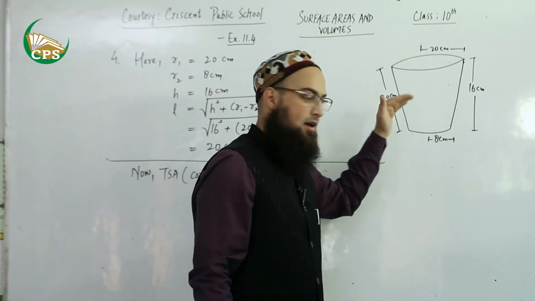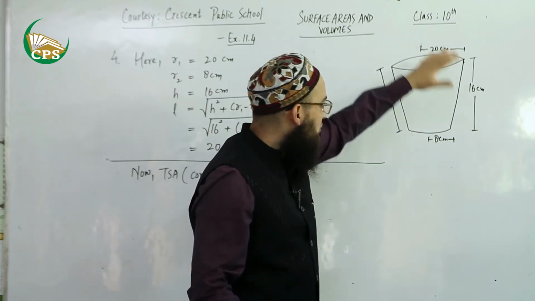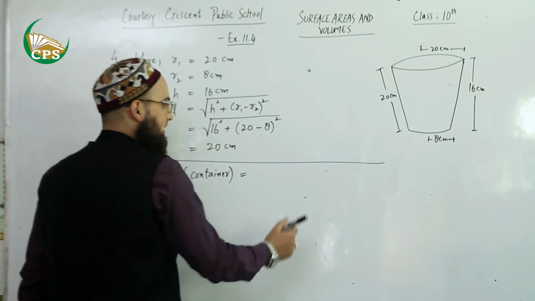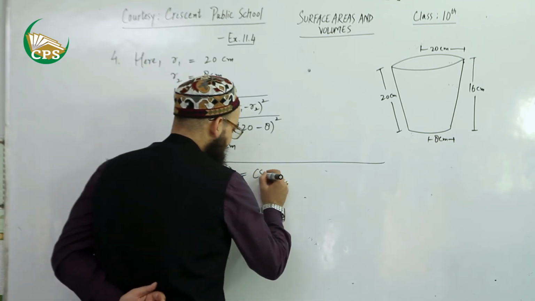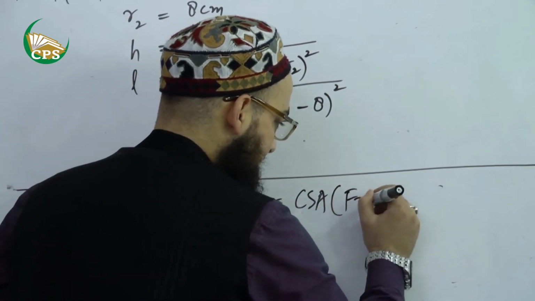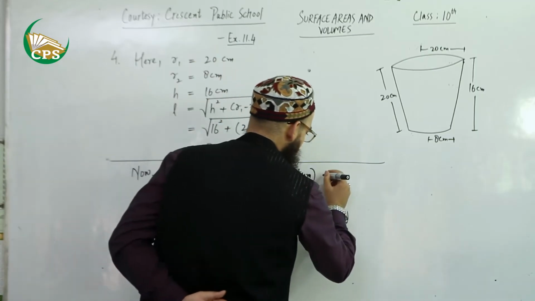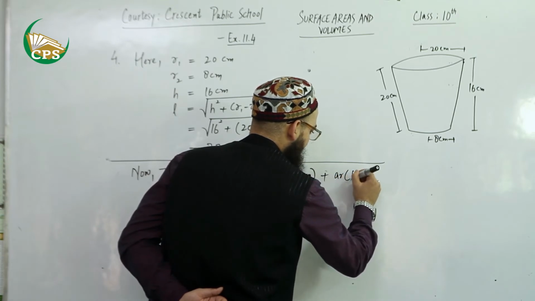Curved surface area plus area of base, or total surface area minus area of top. Total surface area of container is curved surface area of frustum plus area of base.